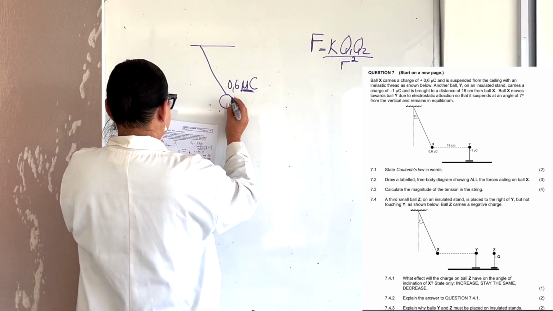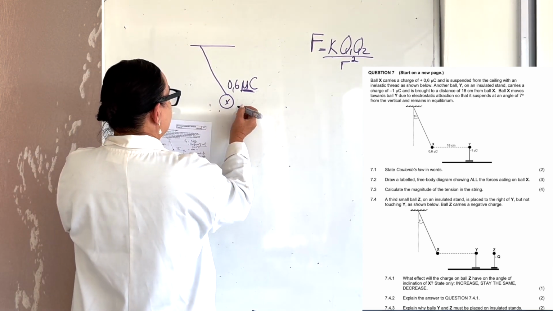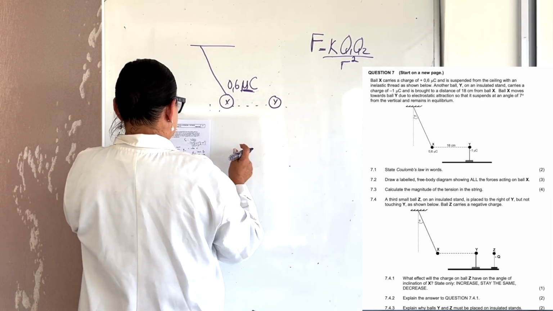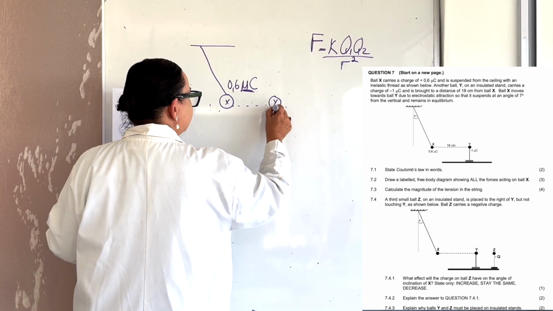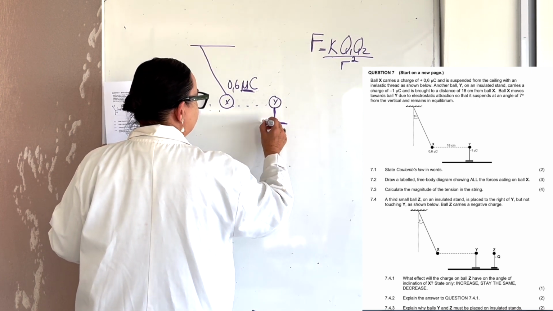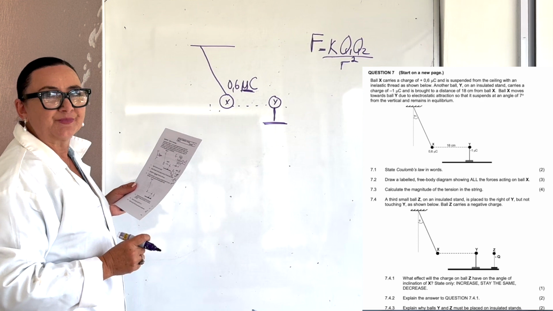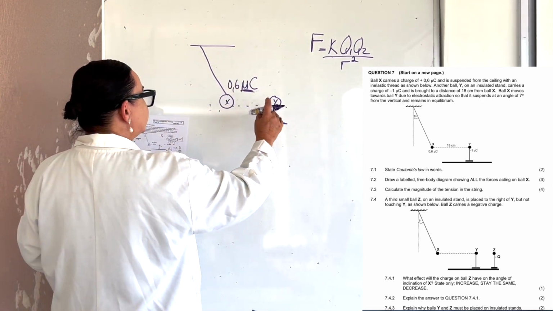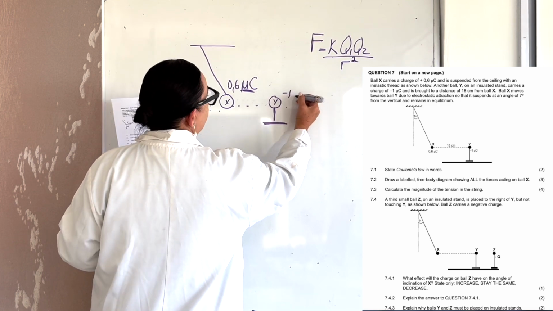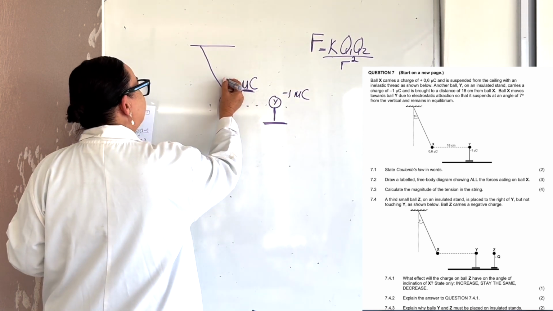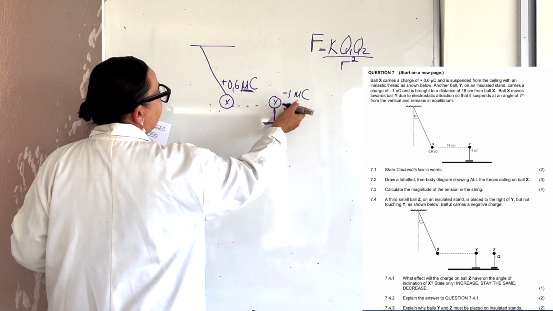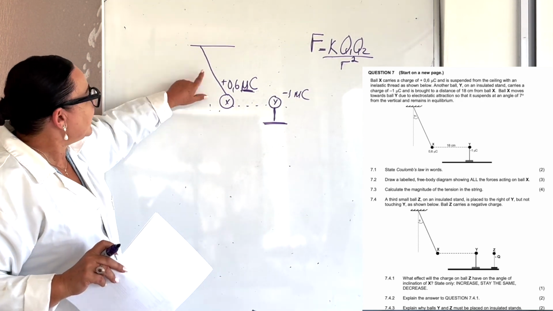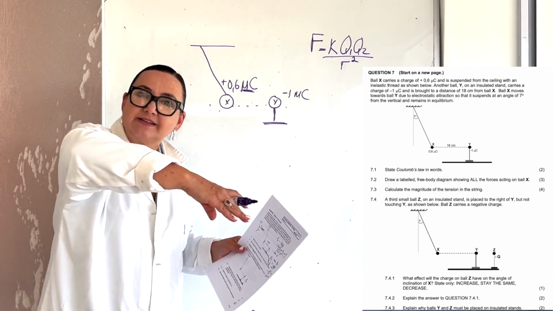Another ball, so this is ball X. Then another ball Y is on an isolated stand over here. So this ball cannot move. It's fixed and it's isolated, and it's got a charge of -1 microcoulomb. So that is a positive charge and a negative charge, and immediately I realize why that rope is now going sideways.